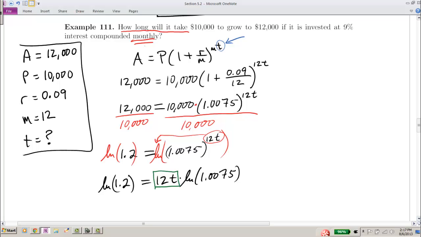And for all practical purposes here, there's nothing that exists between, say, 6 months and 7 months. You're at the 6 months, there's no 6.5 months. So we're going to solve for 12t first to get the number of months, and then we can interpret that result and say how many years and months from there. So in order to do that, we're going to divide both sides by the natural log of 1.0075.